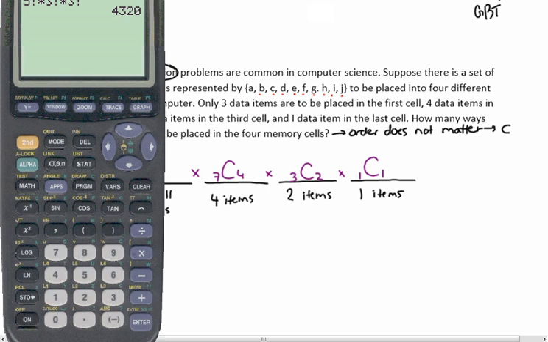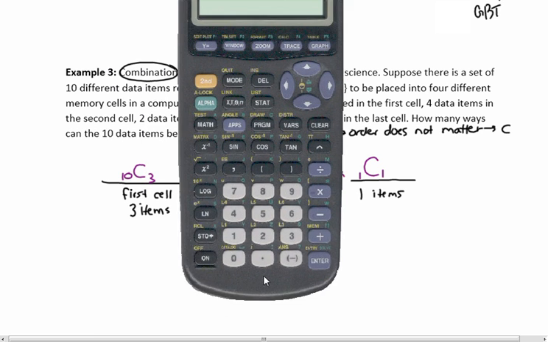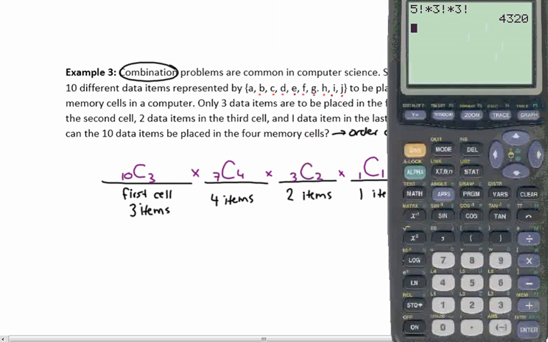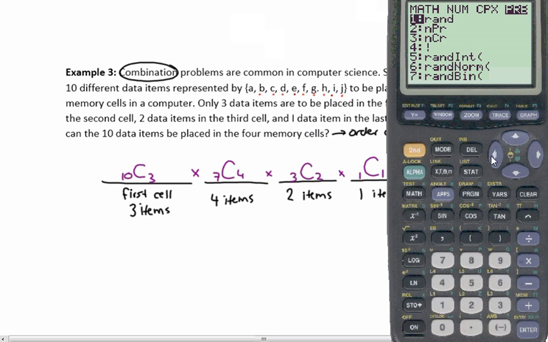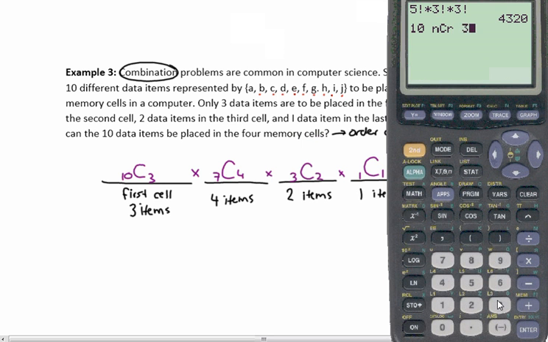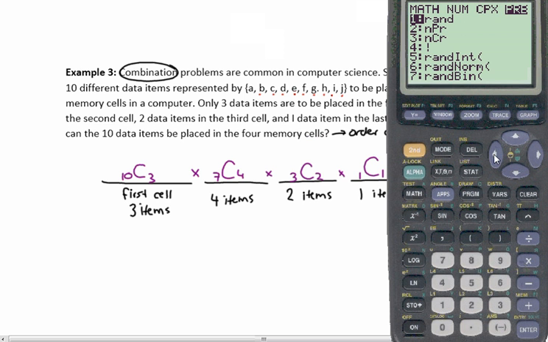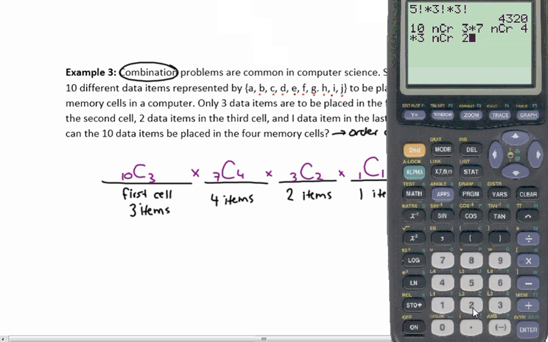Calculator. Okay, so we can type that in all at once. 10, math, left arrow 3, so 10 choose 3, times 7 choose 4, times 3 choose 2, or you can figure out what they all equal individually. 1 choose 1 is 1.